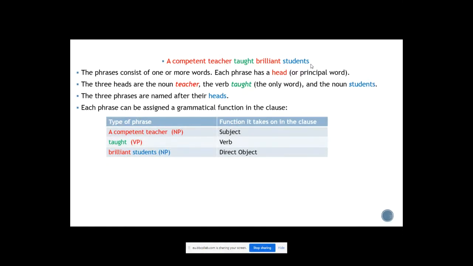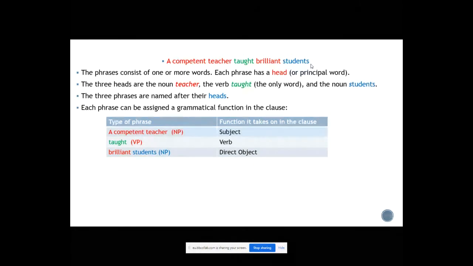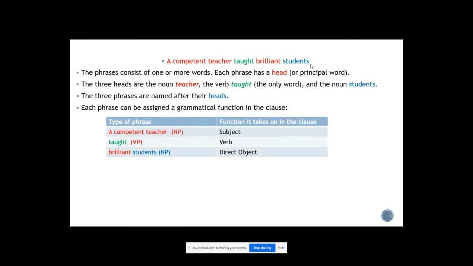So for the noun phrase, I use the short form NP. A competent teacher here has been realized as a subject. The verb is taught, and the direct object is brilliant students, which is also another noun phrase.